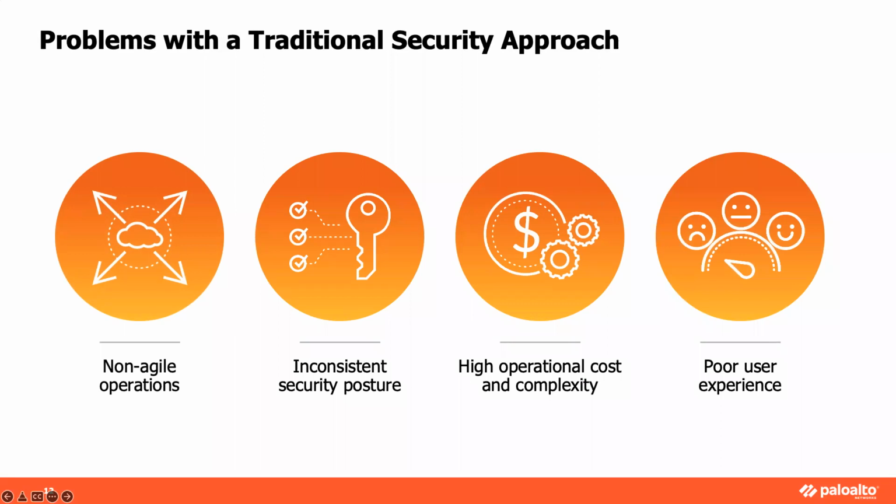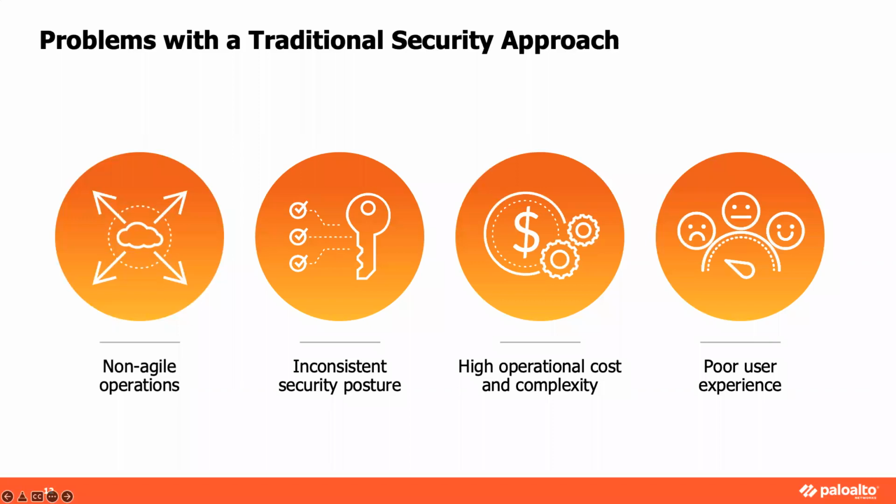These things also lead to inconsistent security. So if you're going to send your branch users or your mobile users straight out to the internet and only rely on endpoint security, you're missing a lot of stuff. It's expensive.